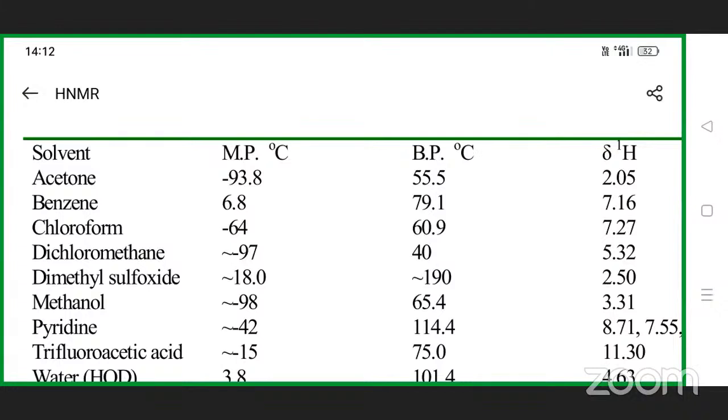In the H1NMR spectra graph, sometimes we observe very small peaks.